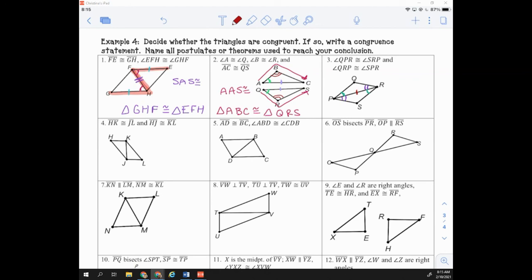So PR has to be congruent to itself. So here we do have the side that's sandwiched in the middle of the pairs of congruent angles. So we have angle, side, angle congruence.